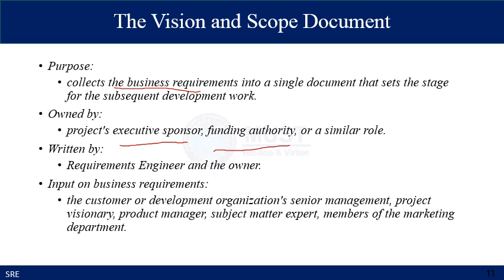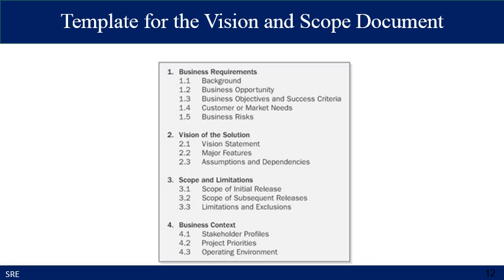The requirements engineer takes inputs from several business stakeholders, and certain requirements are put into the vision and scope document. The major inputs are from the customer or the development organization's senior management, project visionary, product manager, subject matter expert, and the members of the marketing department.